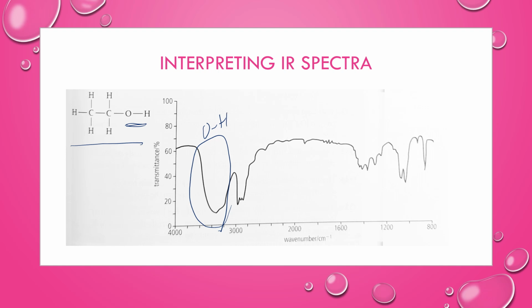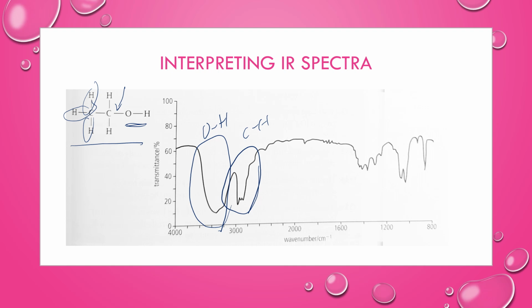The CH bonds that are present are always in between like 2850 to 3090. That's going to be here. Those are CH bonds. And then the only other bond that's present in this molecule is the CO single bond, which is in the like 1050 to 1410 range.